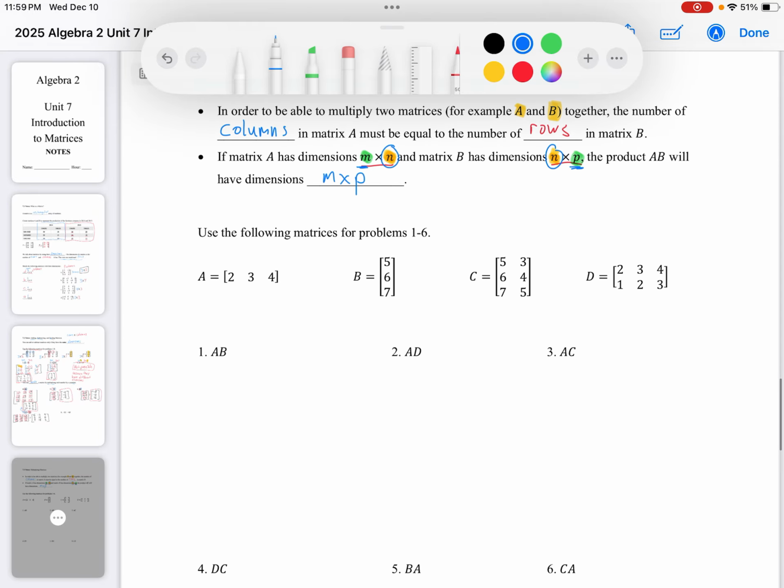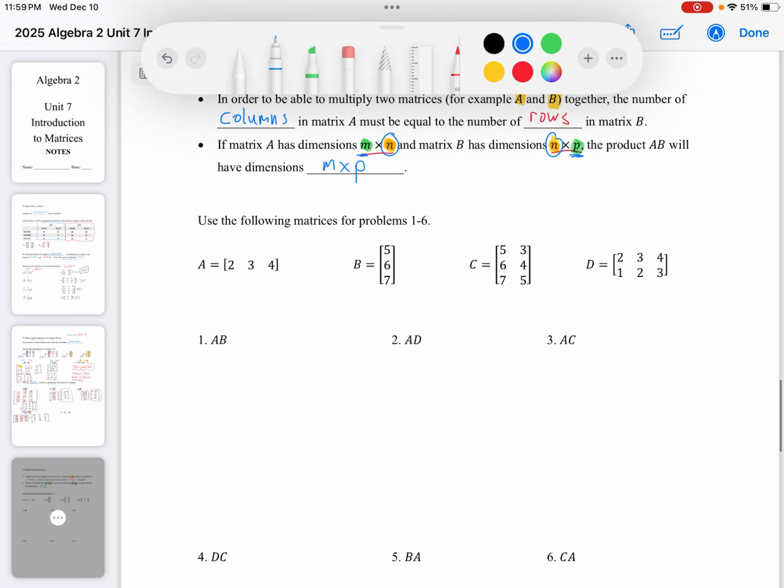So we're using these matrices for our multiplication. We've got A, B, C, and D. Since part of their dimensions have to match, we should go ahead and label the dimensions so we can reference them later. For matrix A, I have 1 row and 3 columns, so this is a 1 by 3 matrix.